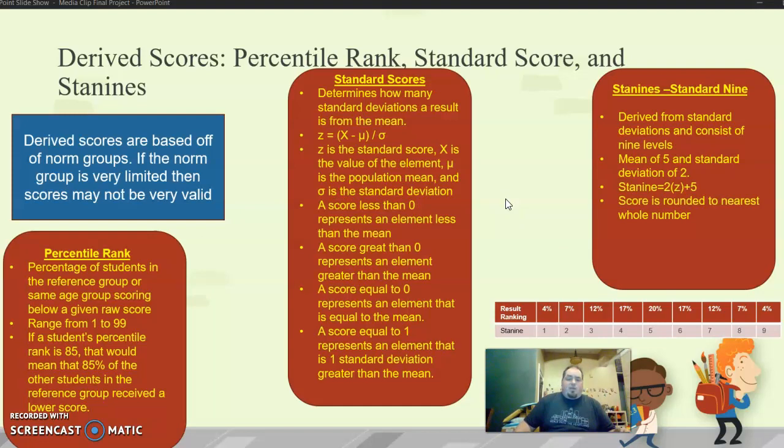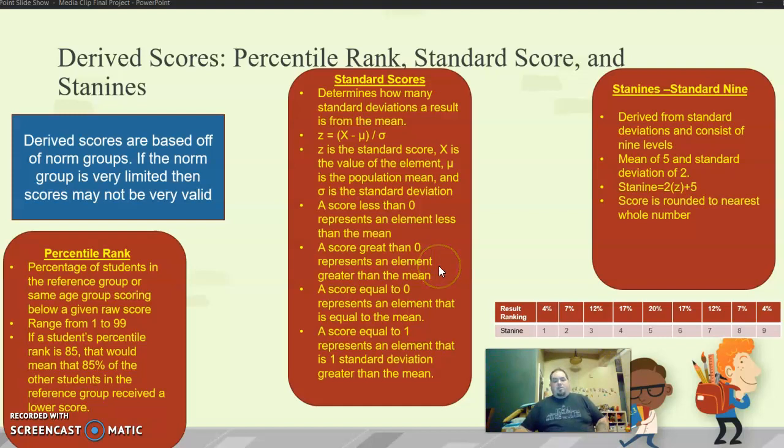Standard scores determine how many standard deviations a result is from the mean. In this equation, Z is the standard score, X is the value of the element, mu is the population mean, and sigma is the standard deviation. A score less than 0 represents an element less than the mean.